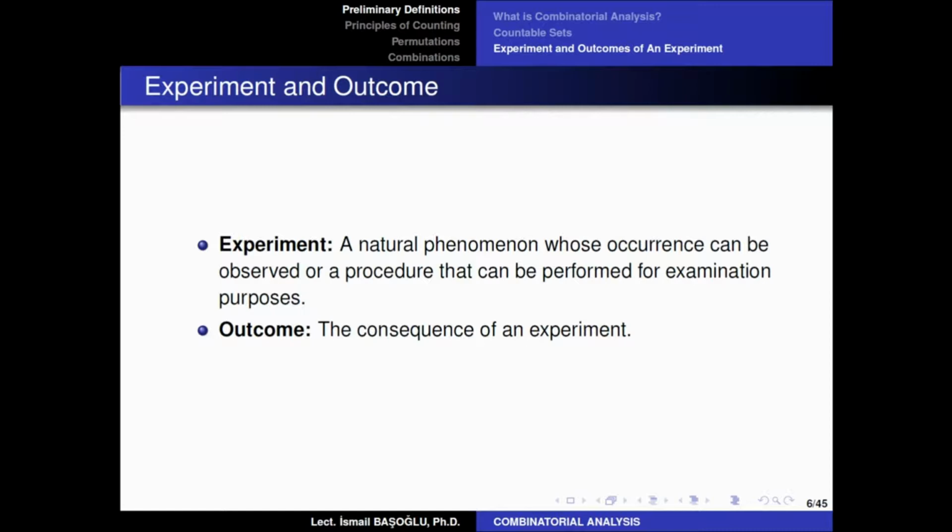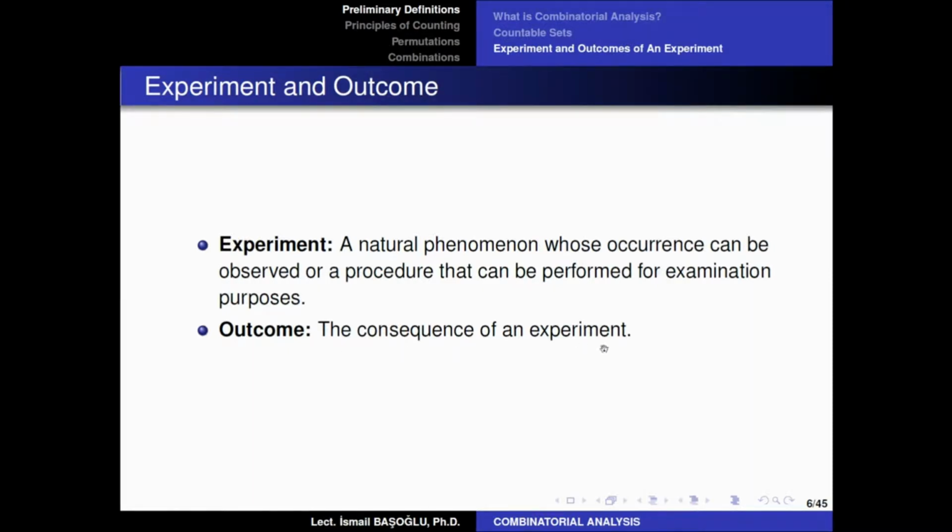This is an experiment that we have some control over, but not full control. In the end, how many questions we are going to solve out of 20 is going to be random.